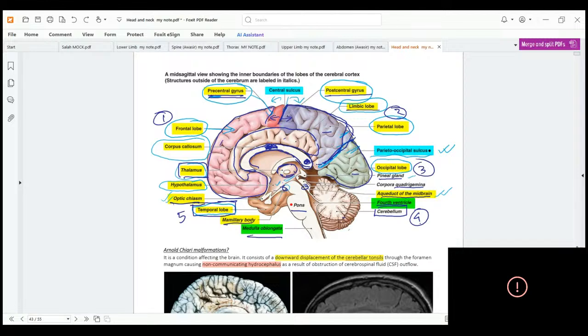This is the parietal lobe, and in between there is the occipital, so the parieto-occipital sulcus, and the occipital lobe. Below it we have the cerebellum.